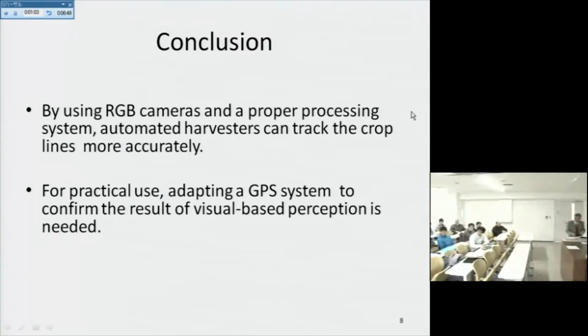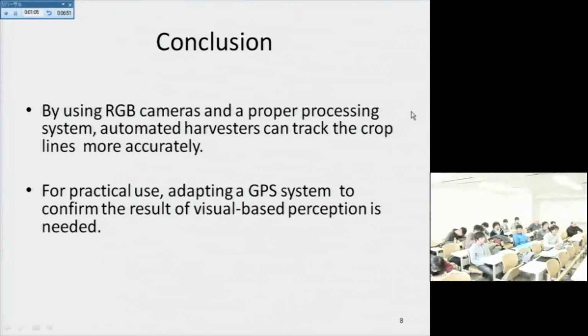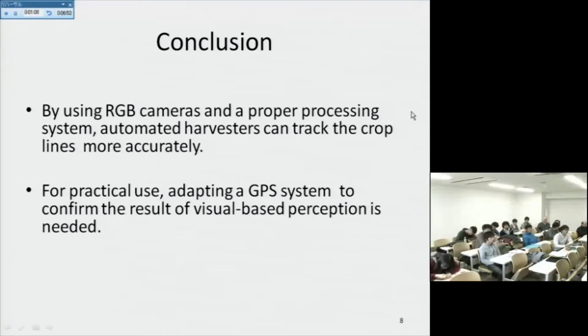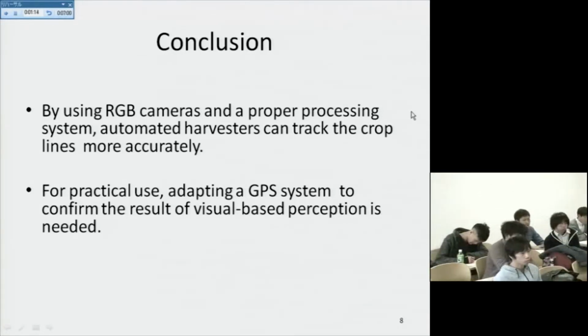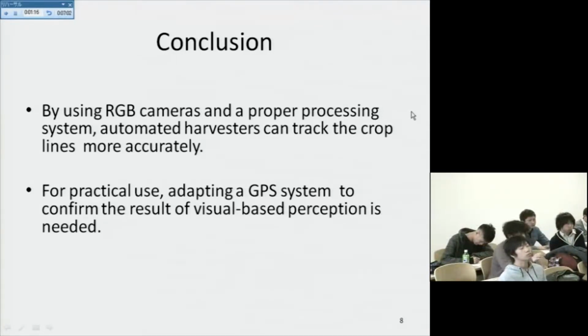How does this system detect the boundary between crops whose color is very similar?